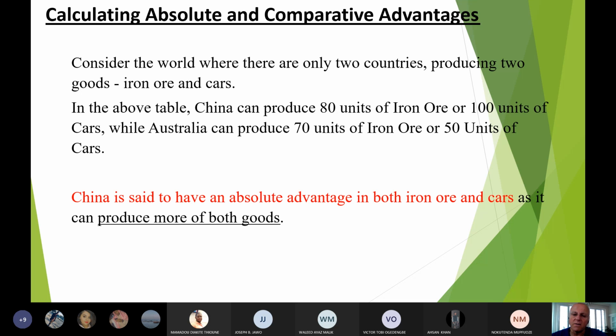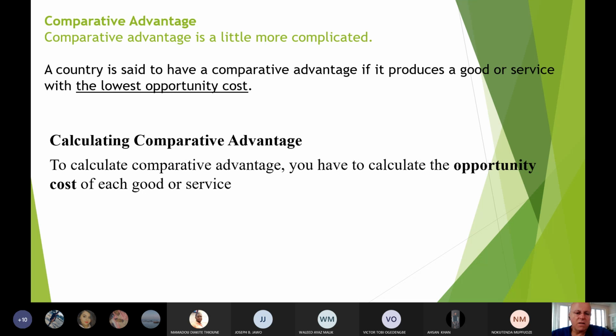Since the quantity is given here, you are observing only the advantages calculated in the absolute advantages story by looking at the numbers, and it says both iron ore and cars are beneficial, or offering more opportunity, to China.